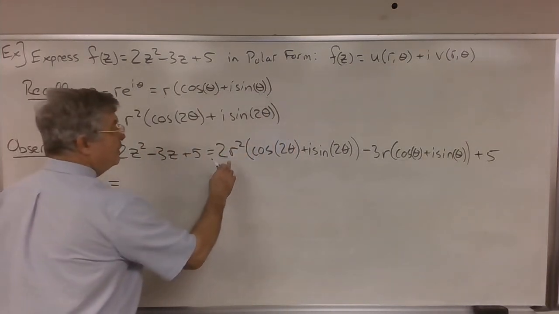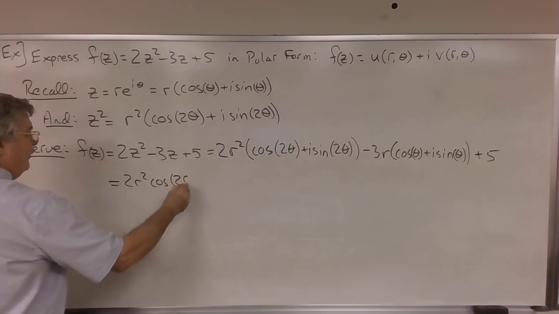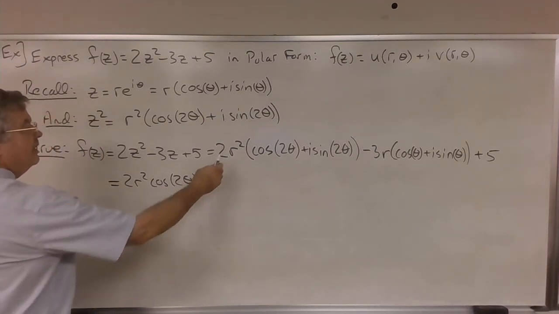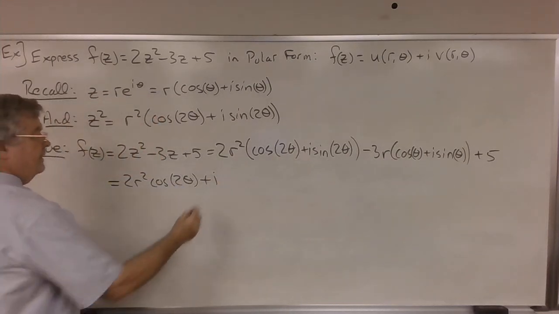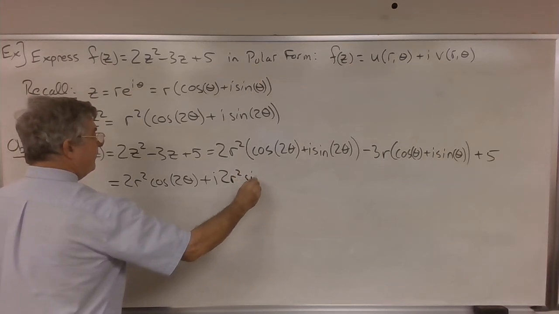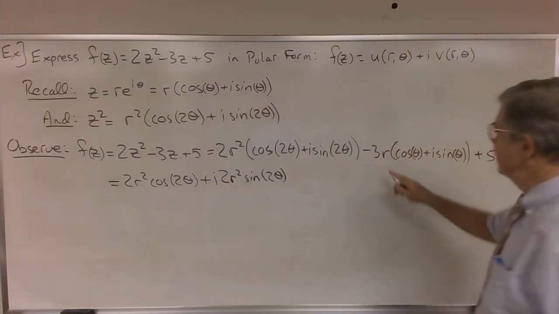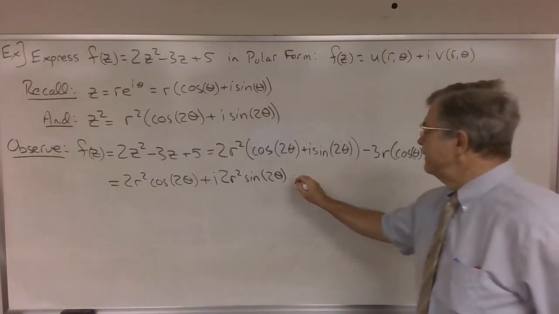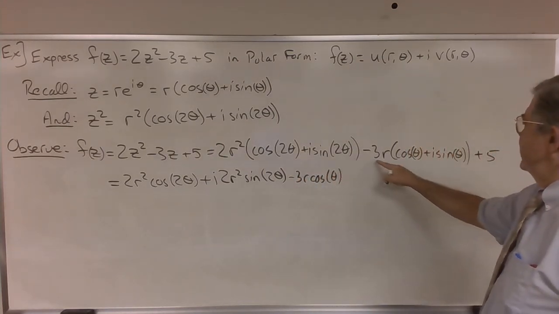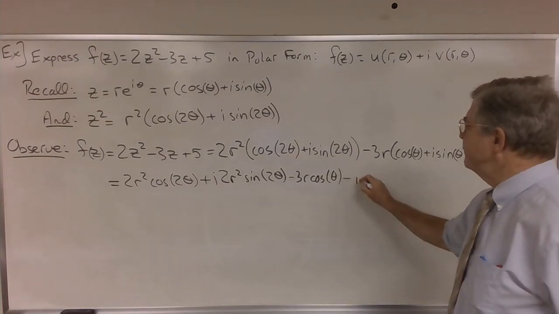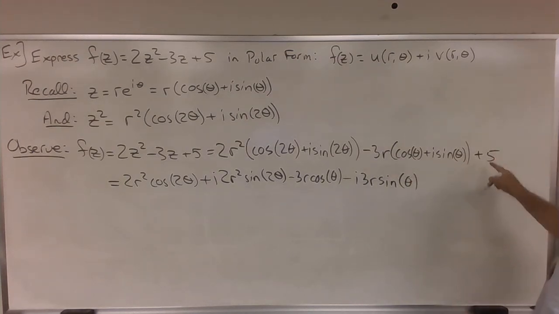So let's see. 2r squared cosine 2 theta plus i 2r squared sine 2 theta, and then I'll do the same thing over here, minus 3r cosine of theta minus 3r i sine of theta plus 5.